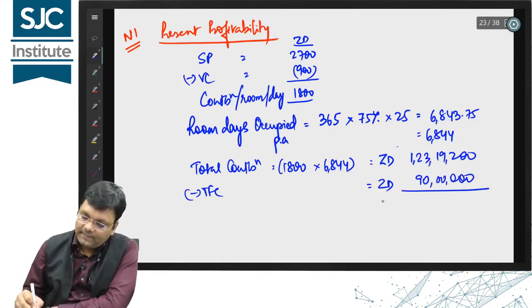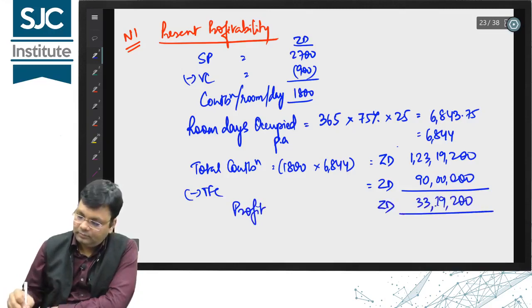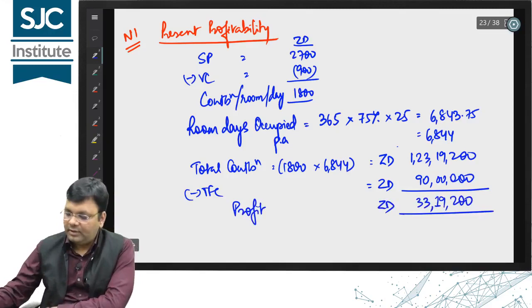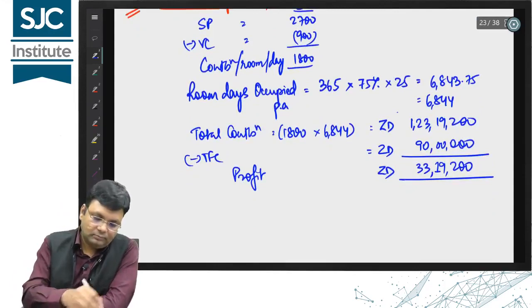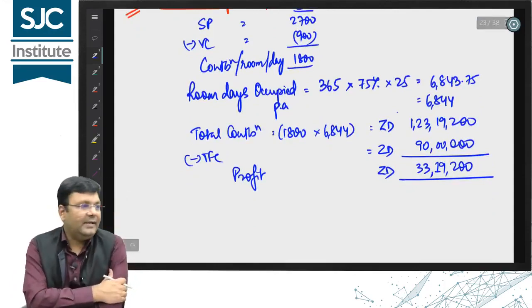Total 6 zeros. So current profitability here is 33,19,200.